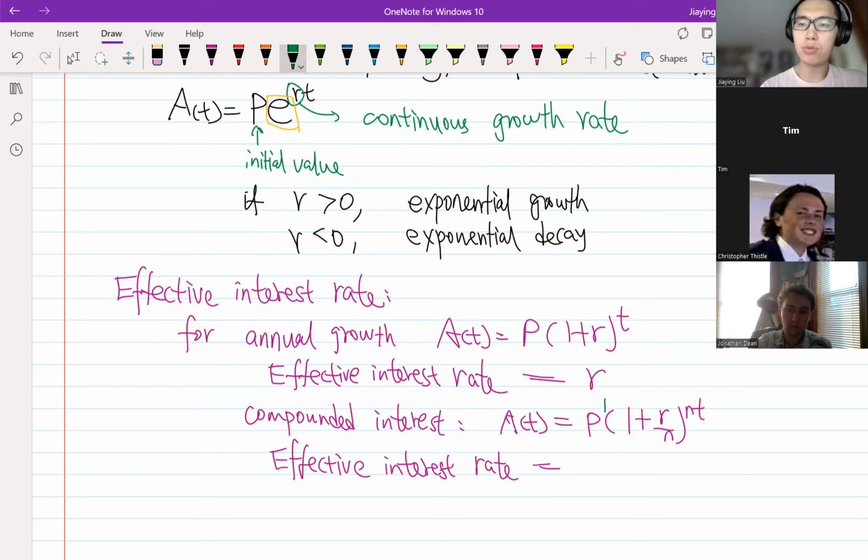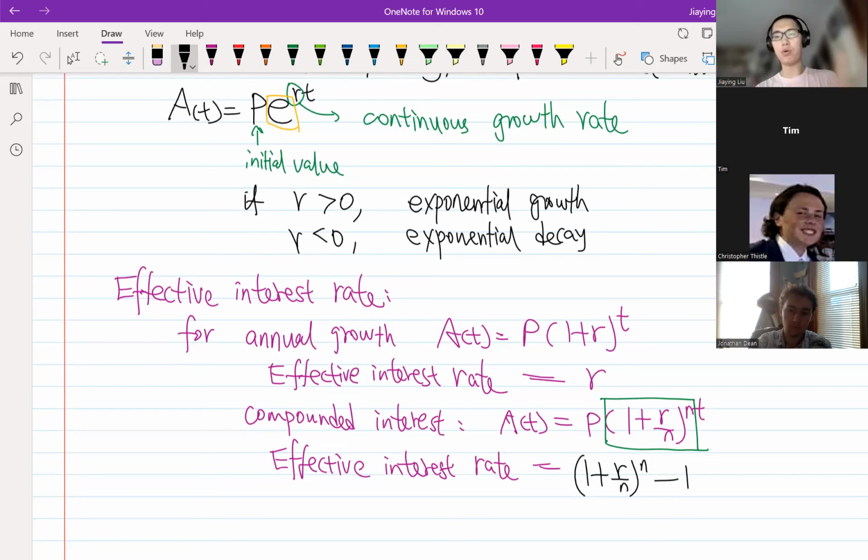It's equal to (1 + r/n)^n minus 1. You basically drop the principal, drop the t, take whatever is remaining, calculate that, minus 1 at the end.